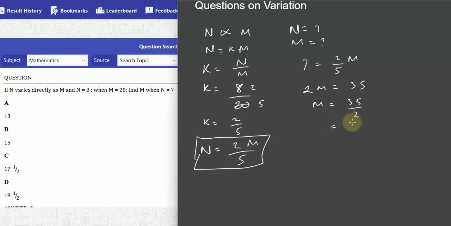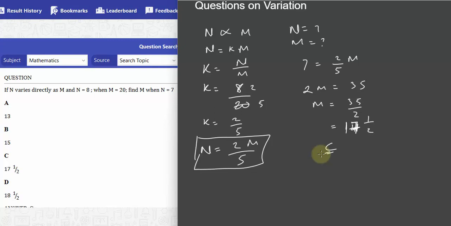And this can be written as a mixed fraction, which is 17 whole number 1 over 2. So this is the answer, and that makes option C the correct option. So this is how you go about solving for m.